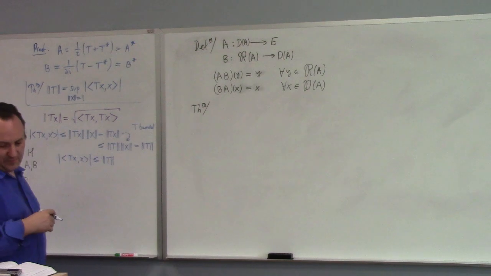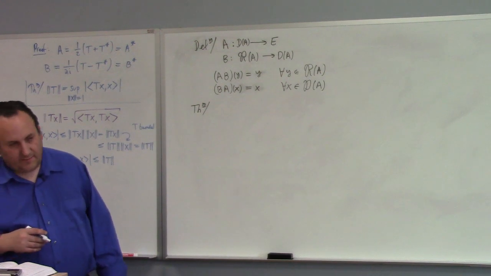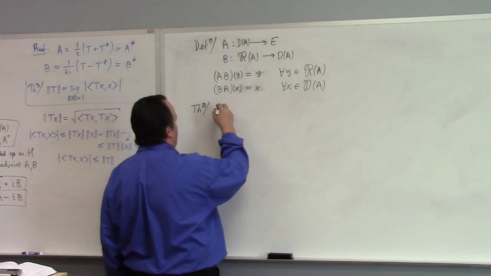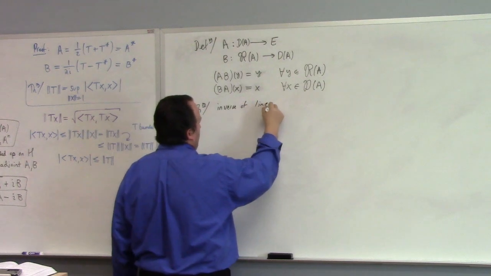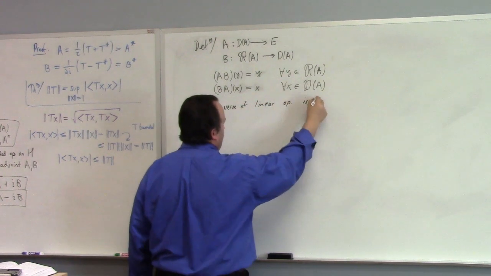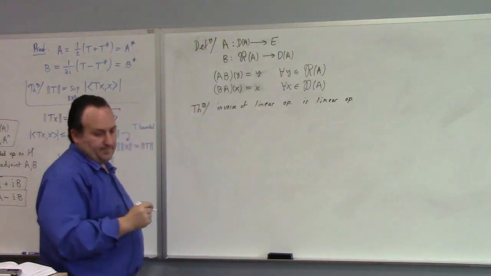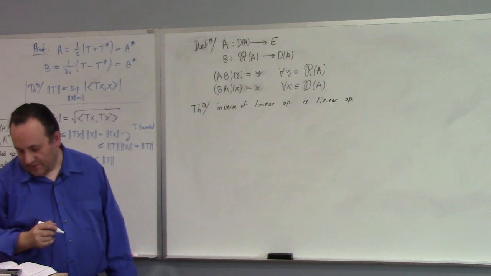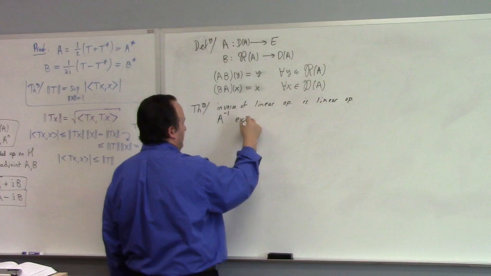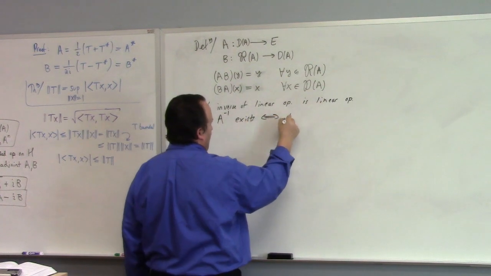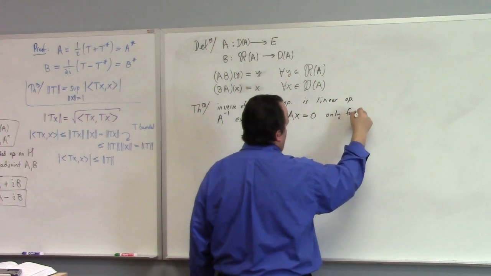But anyway, the theorem that he has, theorem 4.52, says the inverse of a linear operator is a linear operator. And an operator is invertible, A inverse exists, if and only if Ax equals 0 only for x equals 0.